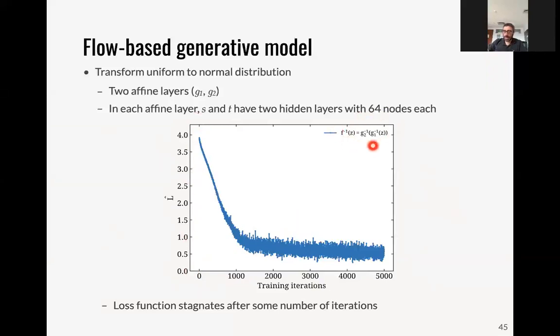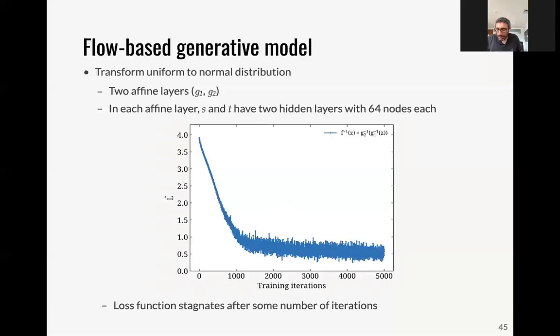And again, as I said, this is the function that I'm trying to train. You can see that the loss function goes down and stagnates. And in general, in these kind of problems, at least my personal experience is that you should really check your distribution because you won't really know by just looking at this loss function if this is going in the right direction.